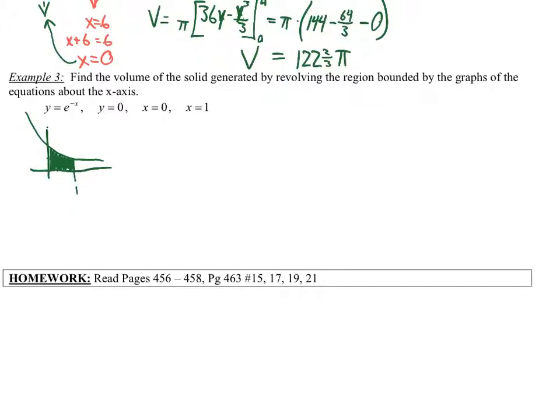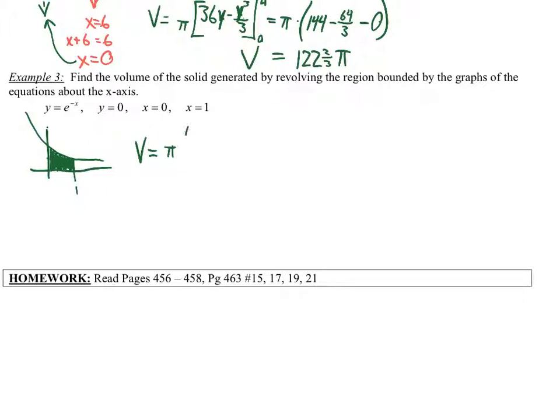This one we don't even have to worry about the area between two curves, right? Because, if you will, the second curve is just y equals 0. So we're back to what we were doing the other day.